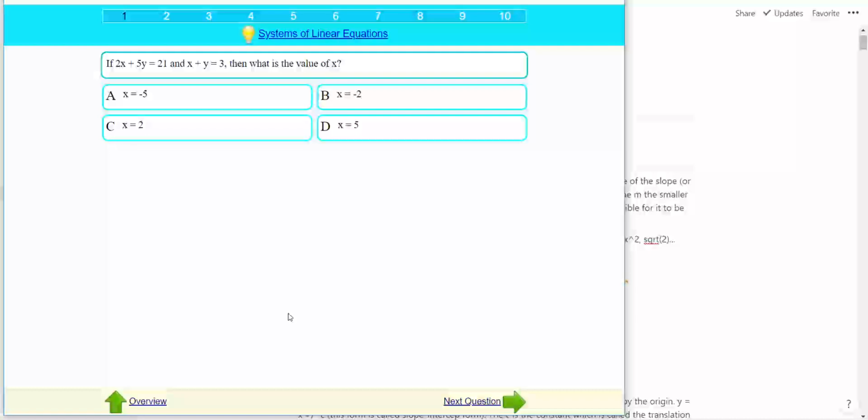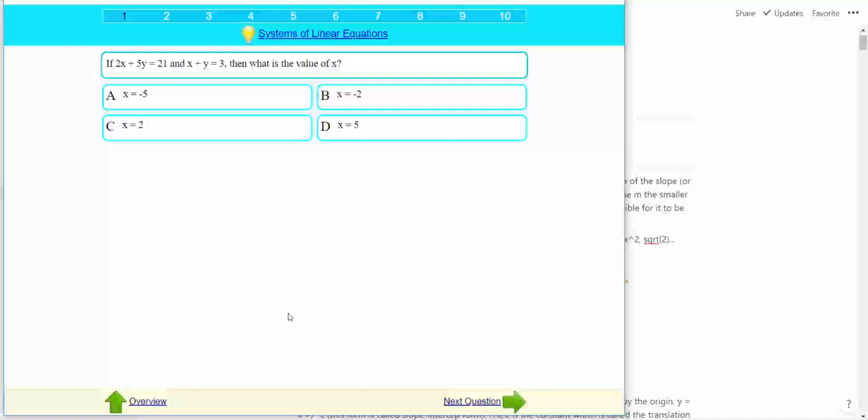He didn't really specify if it's substitution or elimination, so let me solve it my own way. I'll multiply the second equation by -2, that would be -2x minus 2y equals minus 6. So we add these 2 equations together, and we have eliminated the x.